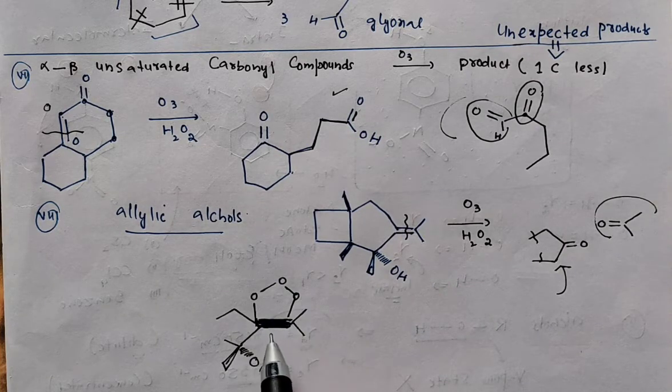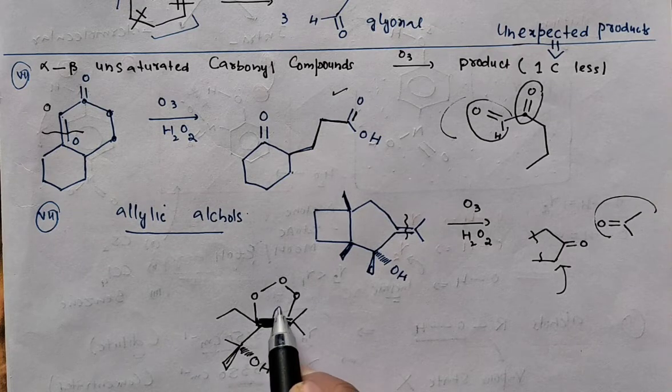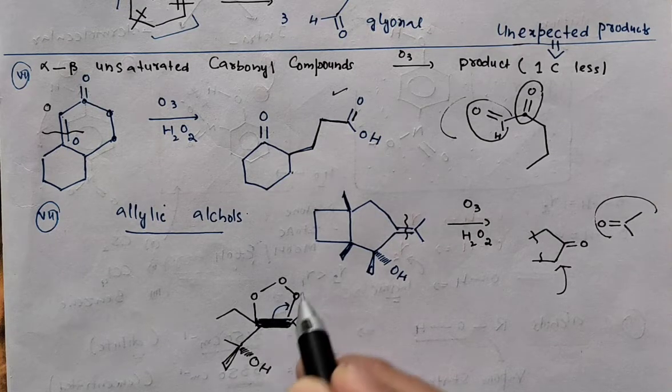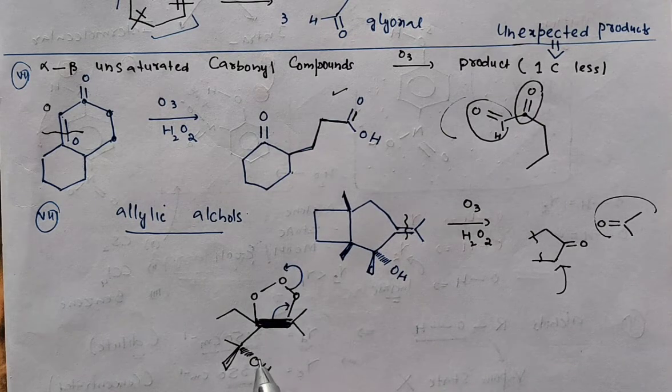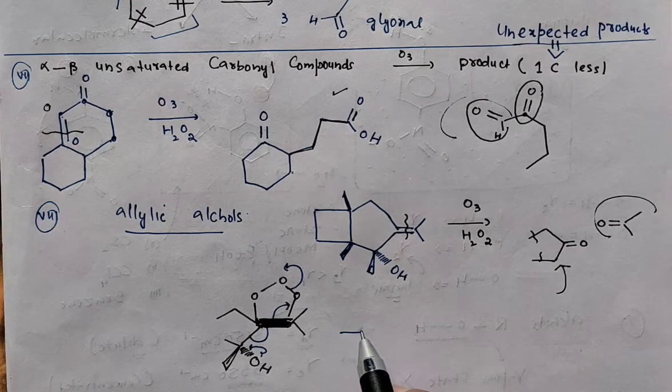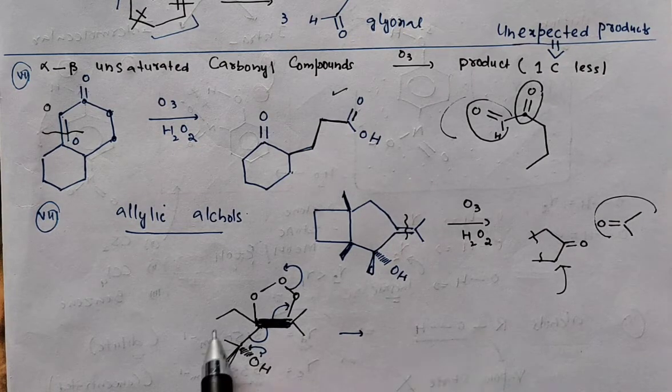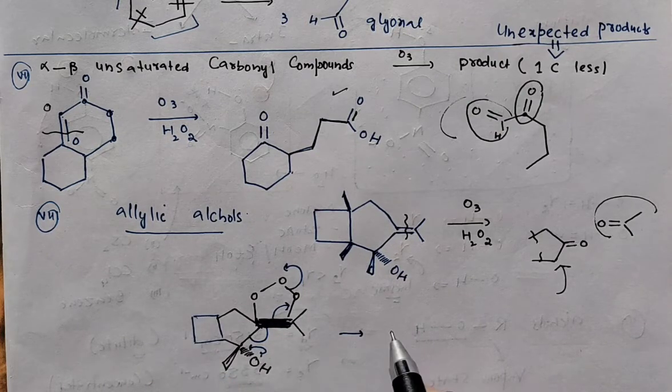So you cleave this bond here, then you bring it here. When you cleave the bond here, a plus charge comes on this oxygen, so this will get stabilized. So this will make a carbonyl here. Okay, we'll make this portion also.